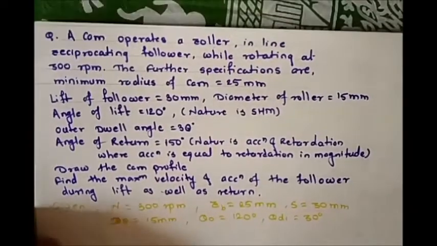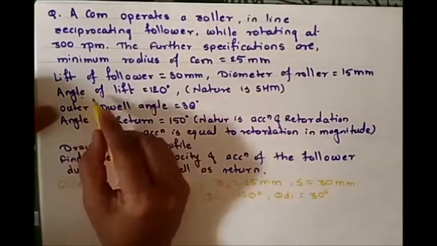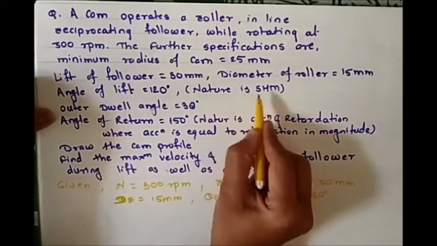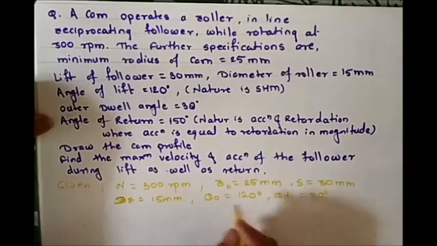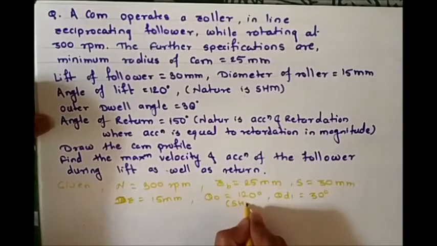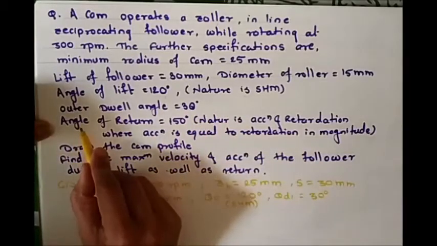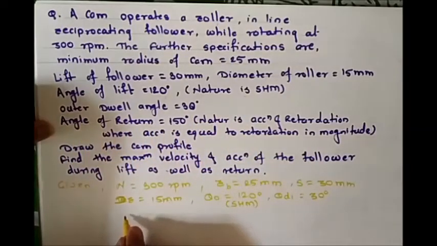Now see here, at the angle of lift 120 degree, the nature of follower motion is SHM. So during the outward stroke, the motion is SHM. Then dwell period of 30 degree. Then angle of return is 150 degree.